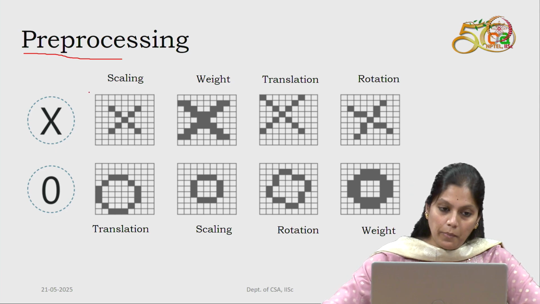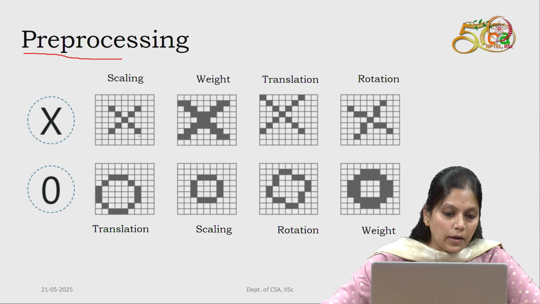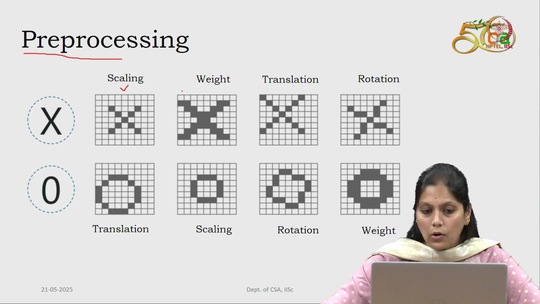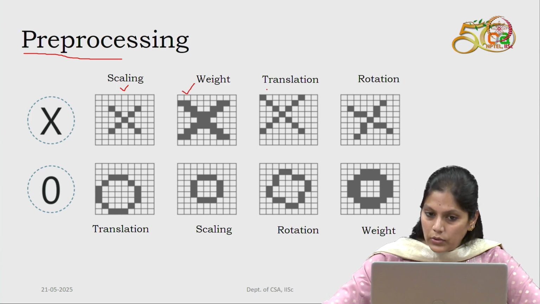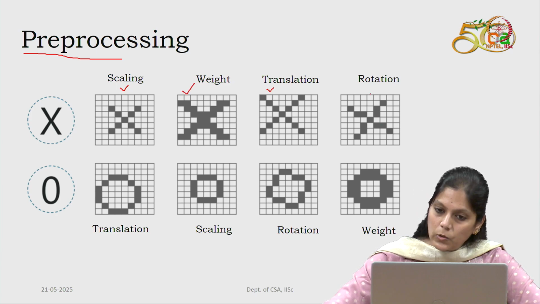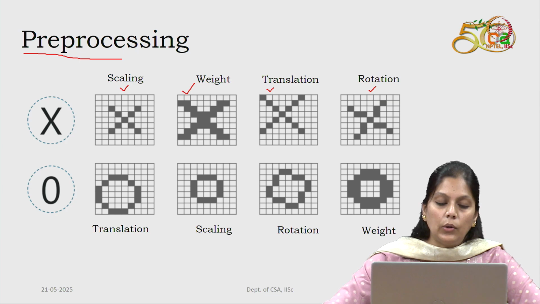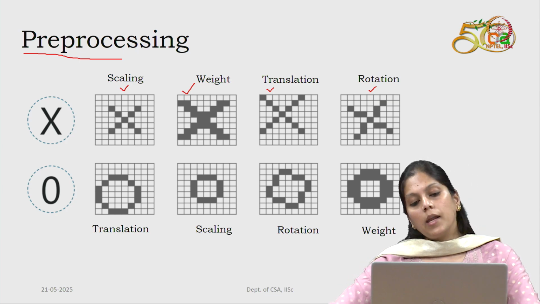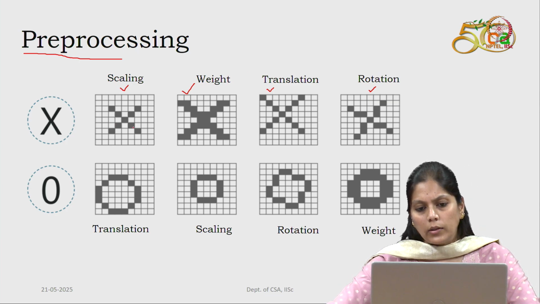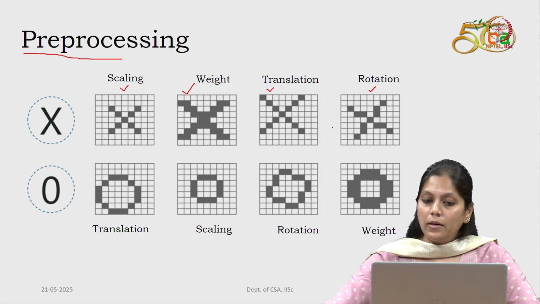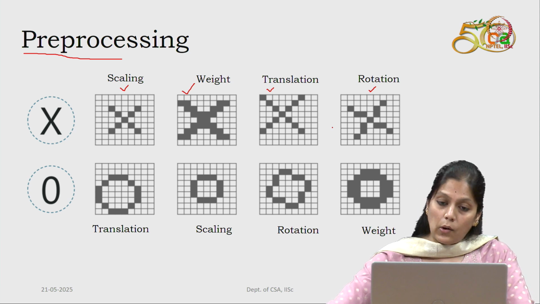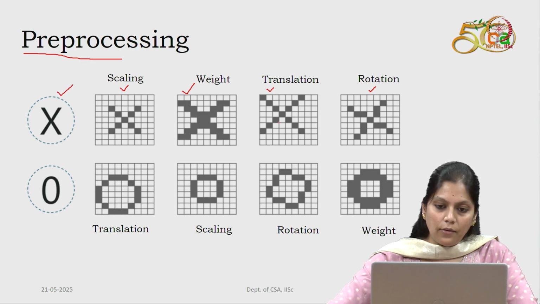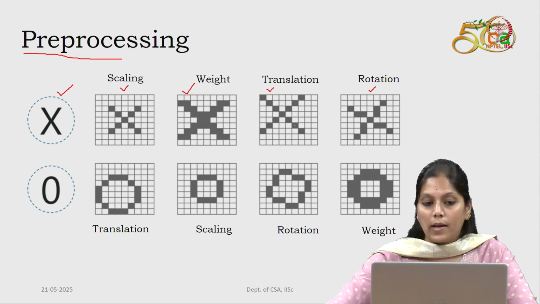For a human eye, because of our natural intelligence, whenever we are given this kind of an image, we know that this is X. This is also an X, this is also an X, and this is also an X. Although all these four are different, we have the intelligence to say that all these are X only. If this is an input image, all these are different orientations of X.